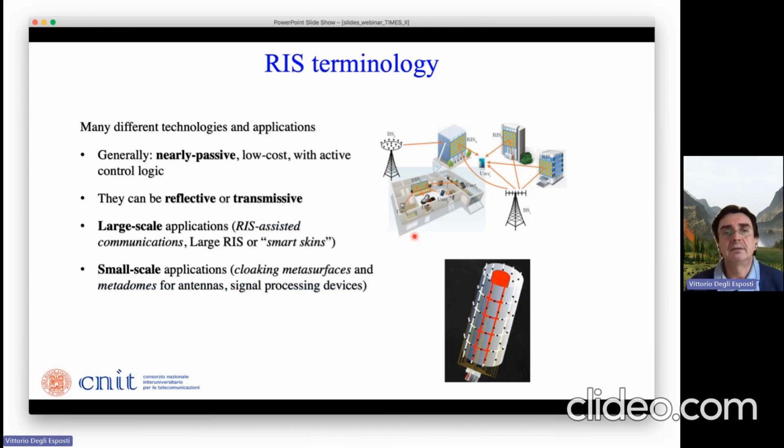There are many different technologies and applications. Generally, we speak of nearly passive, low-cost panels with some active control logic.